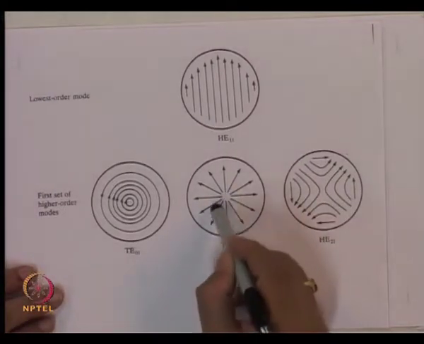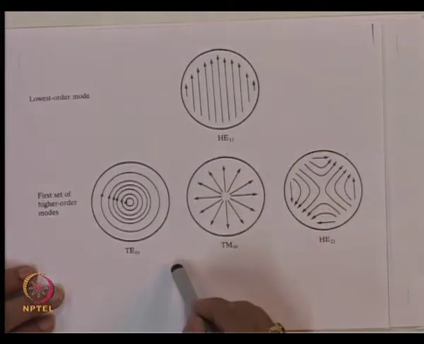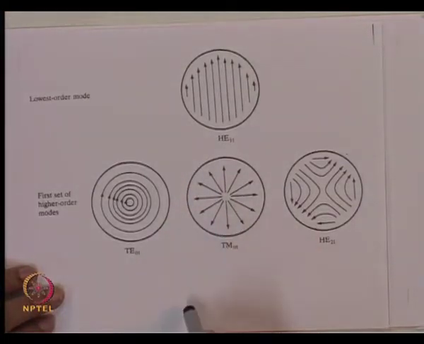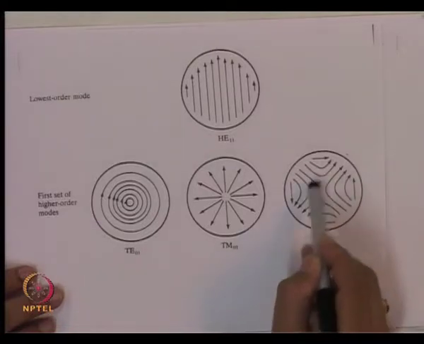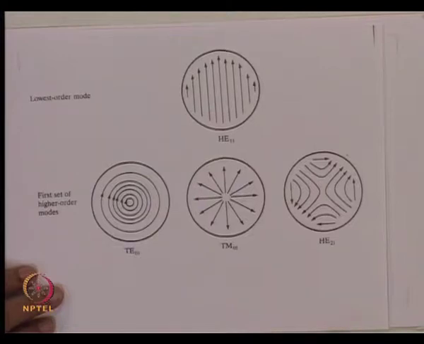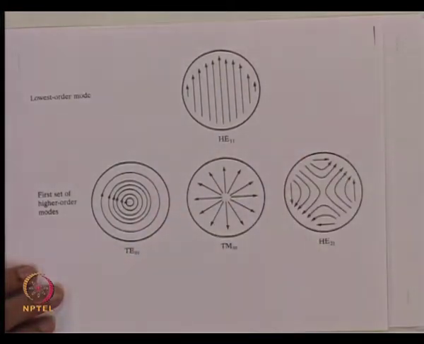I have a field direction like this here, like this here. If I consider a point here, the field will be oriented this way. If I consider a point here, the field will be oriented this way. Here the field is going this way, this way, this way, and so on. So, if I look at the cross sectional plane, the field direction is different at different locations in the cross sectional plane.